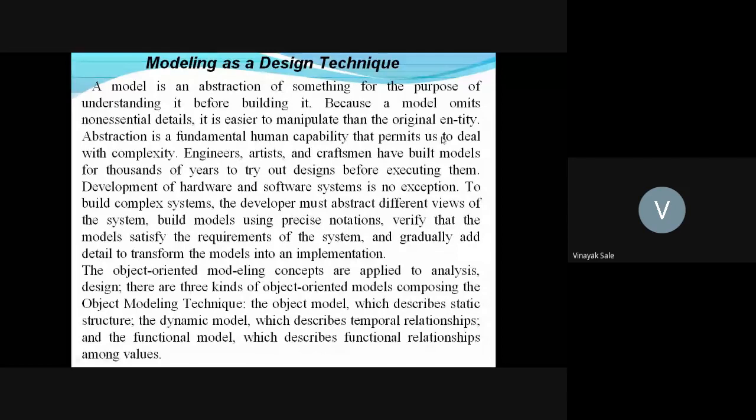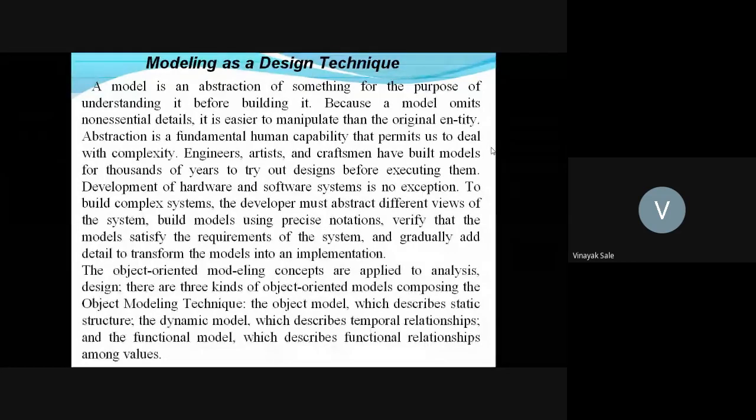A model is an abstraction of something for the purpose of understanding it before building it. A model is a small demo. Suppose there is a construction of a building. Before constructing the building, there is a small demo of that building.